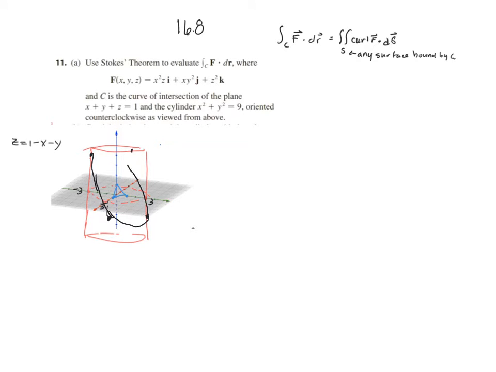And we can maybe get, whoops, I missed that one. We can maybe get a little better idea of what's happening here. So this is the plane right there. That's the plane x plus y plus z equals 1.